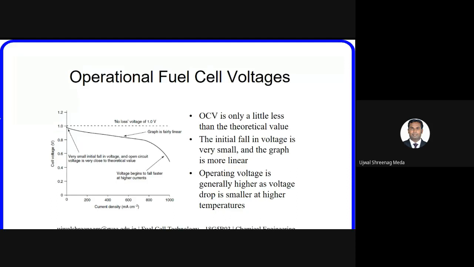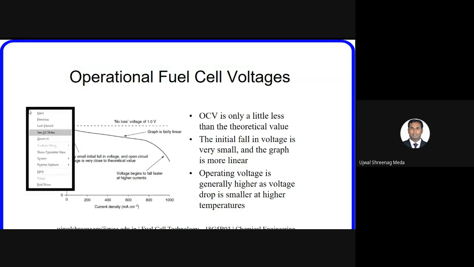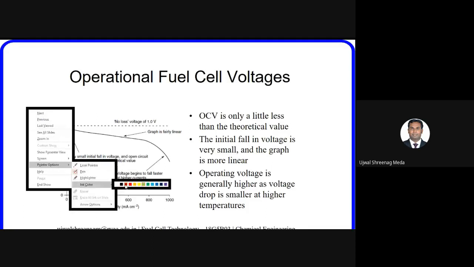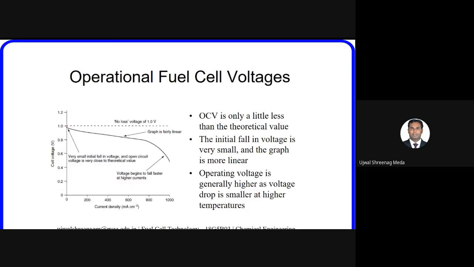In such a case, the first observation is the no loss voltage value is 1. Why is this? That is because with increase in temperature, the change in Gibbs free energy of formation per mole decreases. Because of that, this no loss voltage value will also decrease. So that is the first observation.